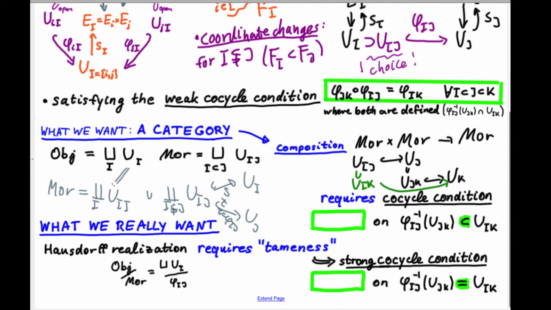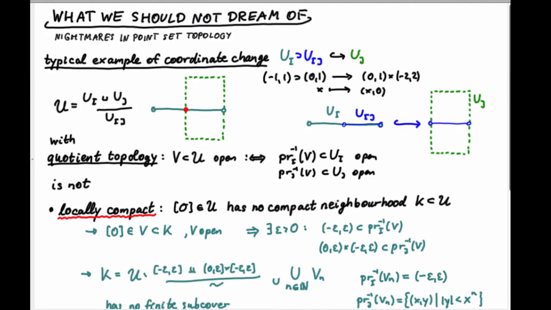Right. So, but that might be giving us a Hausdorff space. What about local compactness and things?